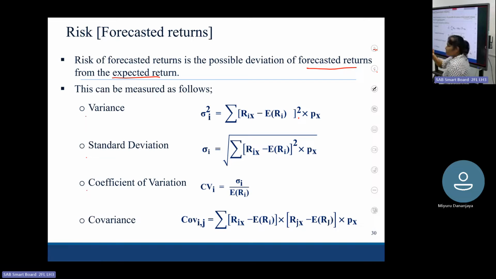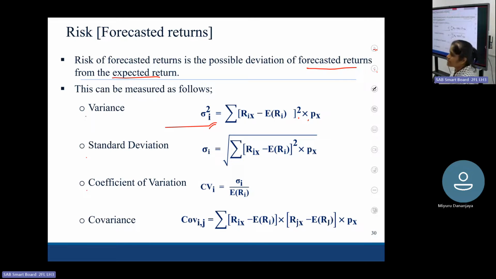So likewise, we have four states of economy. Then the third state of economy, and the fourth state of economy: forecasted return of stock X, its deviation from the expected return, squared, into the probability of happening that state. That total is the variance.